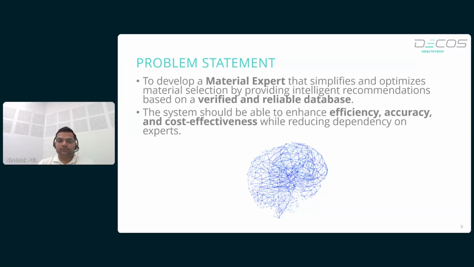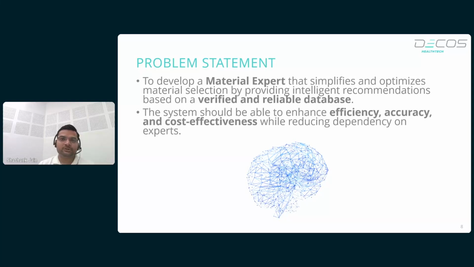Okay. Based on this problem, we were given a task to develop a material expert that simplifies and optimizes material selection by providing intelligent recommendations based on a verified and reliable database, right? First of all, it has to be an expert who can answer questions in a simplified and optimized way, which aids material selection for engineers, non-engineers, laymen, everybody, right?